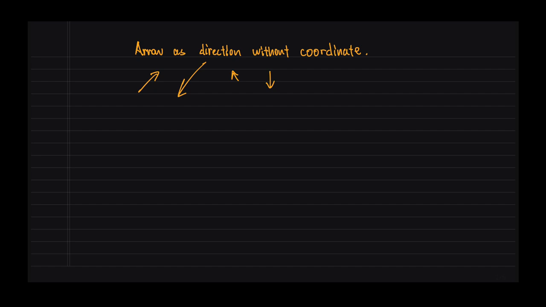We can actually describe direction with respect to another direction. For example, if you have an arrow pointing in this direction, let's call this arrow A, and another arrow pointing in this direction, let's call this arrow B, we can have a new direction called C, like A plus B. We just write the arrow A and plus B again.